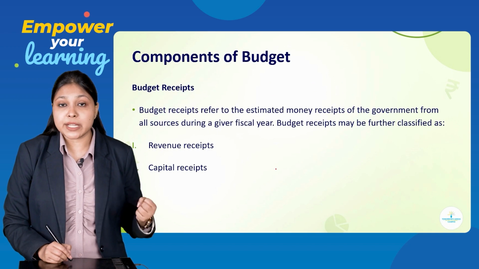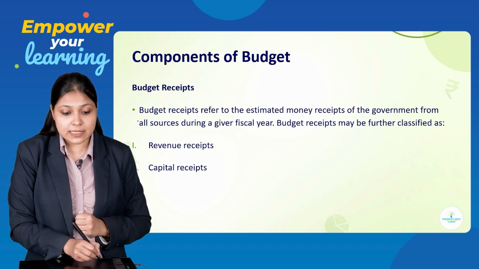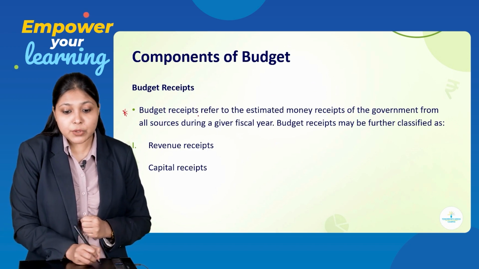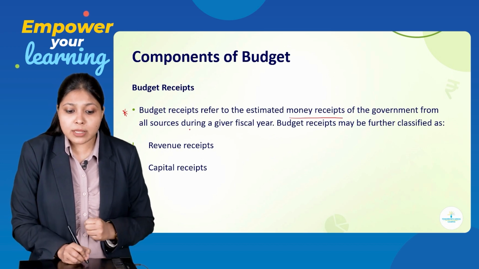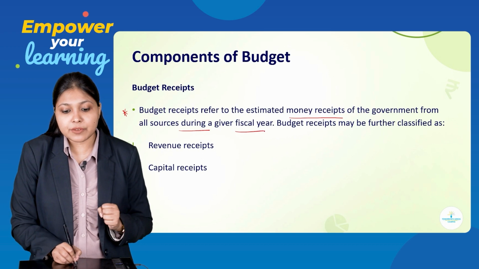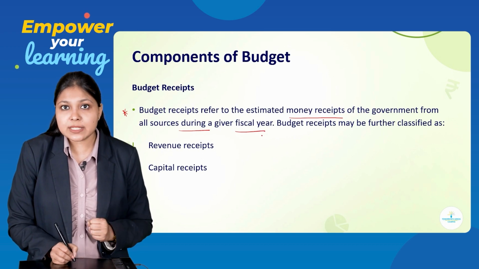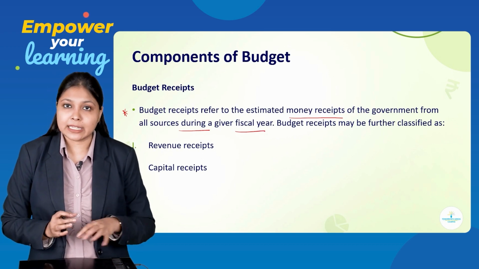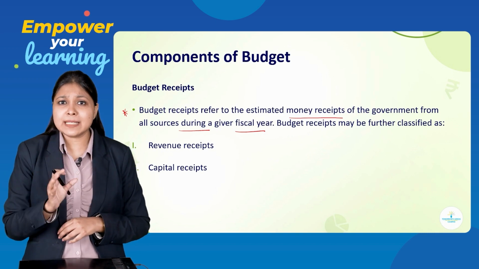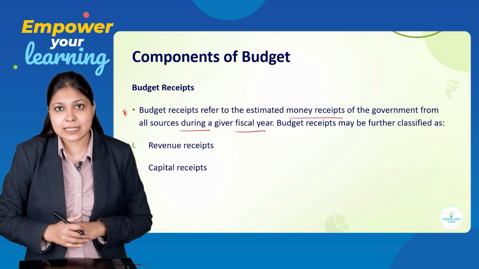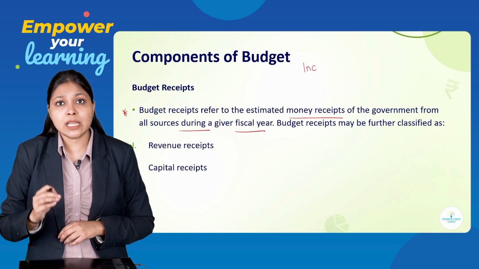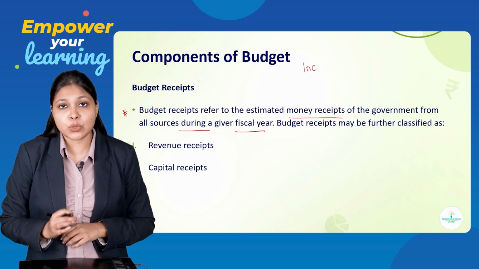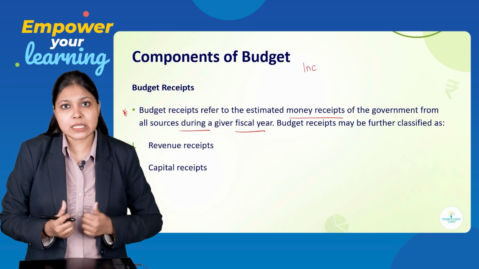First of all, what is budget receipts? Budget receipts, very important, refers to the estimated money receipts of the government from all the sources during a given fiscal year. Budget receipts can be classified again as two types. In very simple language, budget receipts is nothing but the total money receipts or the total money income which the government is going to receive from the various sources.